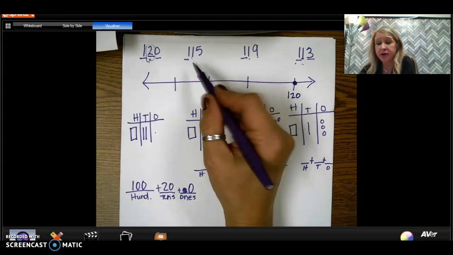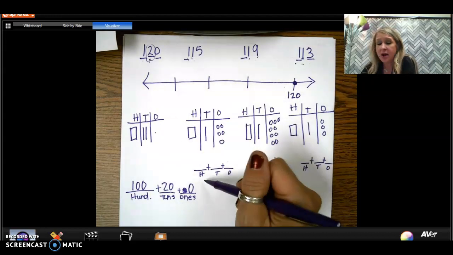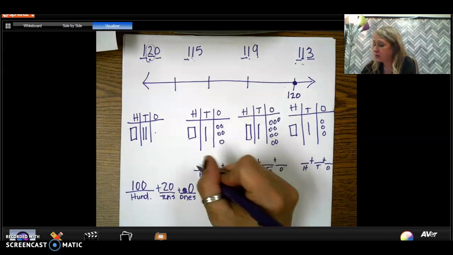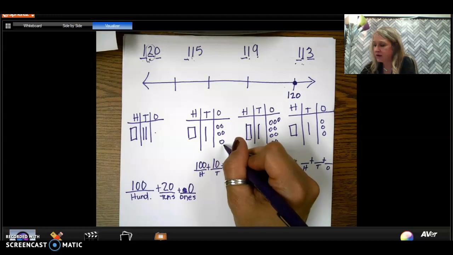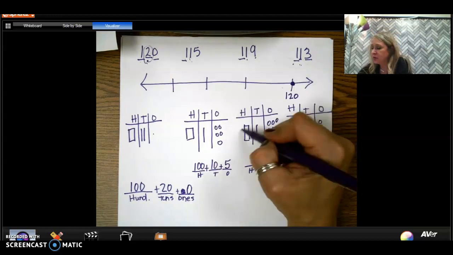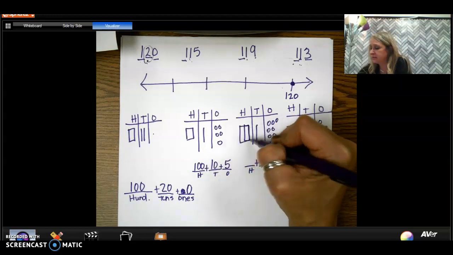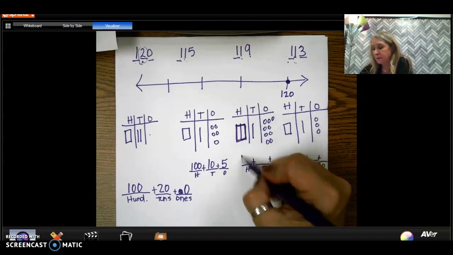Now let's look at 115. 115 has 100. What is 100 worth? 100. What is 10 worth? 10. What is 5 ones worth? 5. 119 has 100. How much is 100? 100.